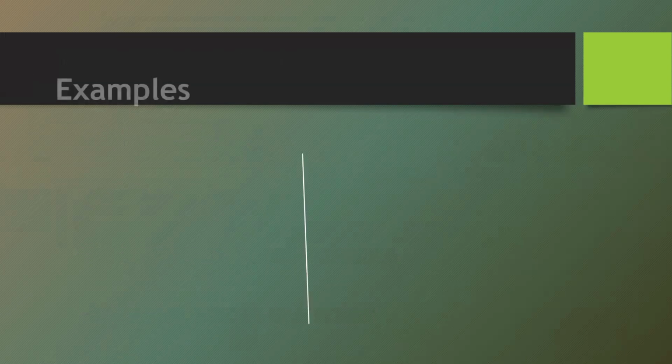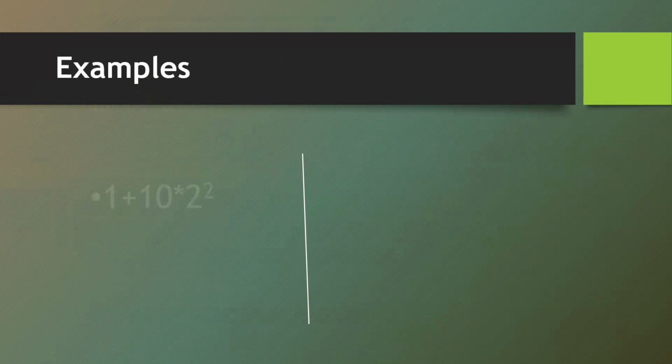Let's have an example to see the difference between using priority or just applying the operations in order. Here we have 1 plus 10 times 2 to the power 2. First, consider this a multiple expression.